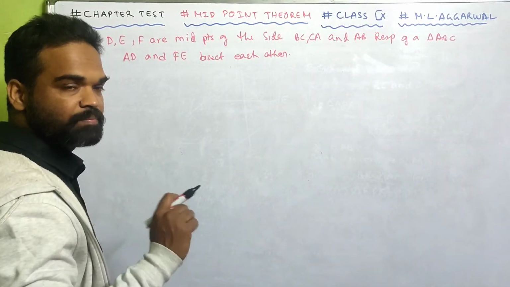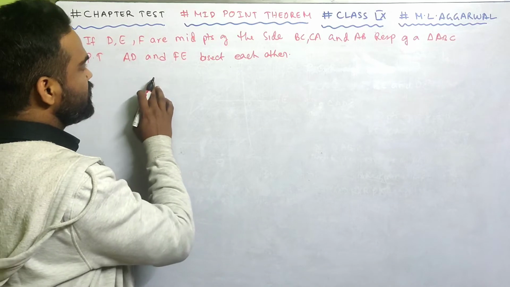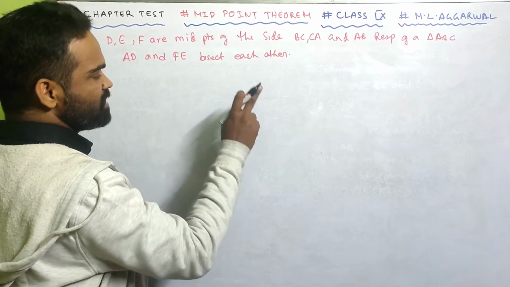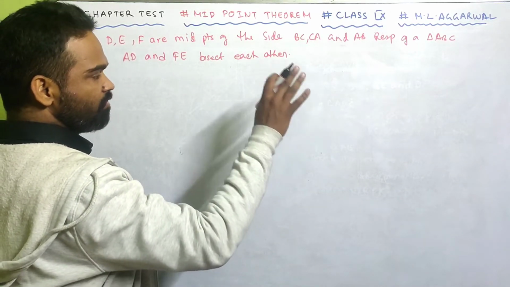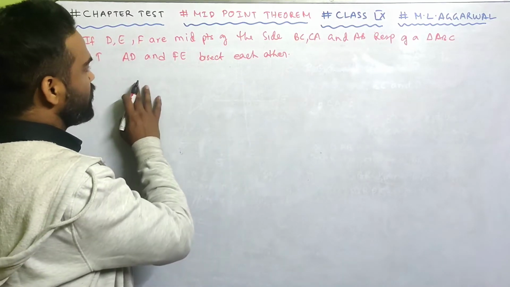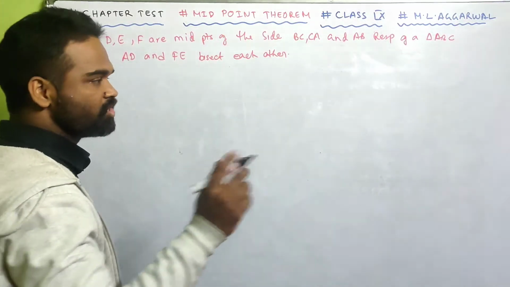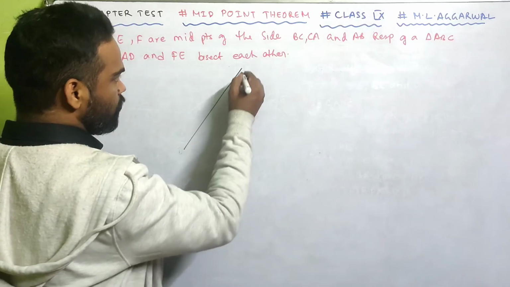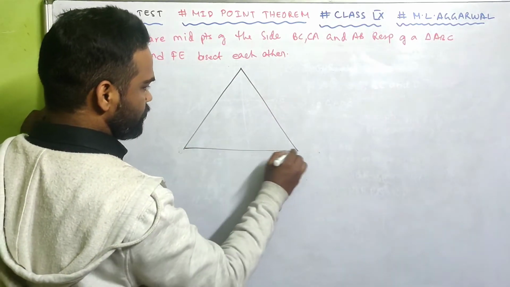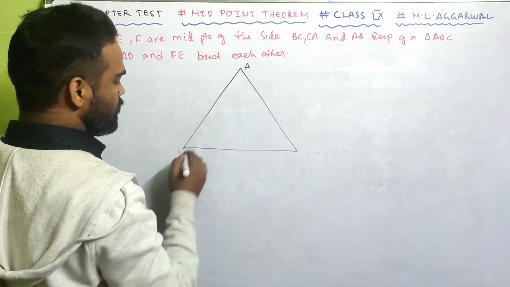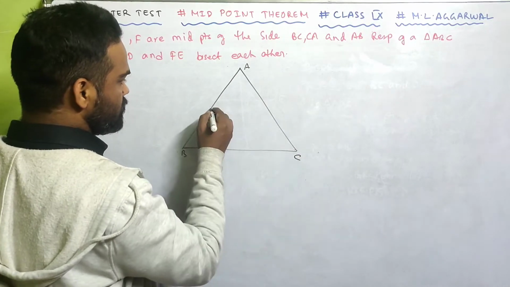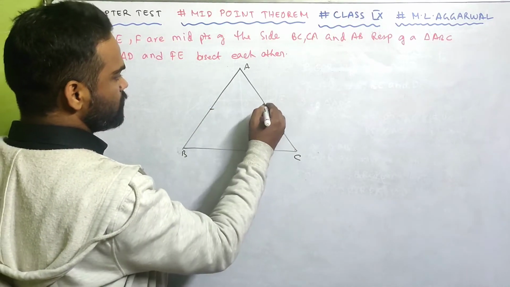Now look at number 3. What they have told. If D, E and F are midpoints of the sides BC, CA and AB respectively of a triangle ABC, prove that AD and FE bisect each other. First, draw a triangle. Done? A, B, C. Suppose this is the midpoint, this and this.